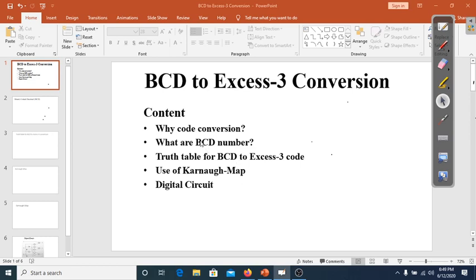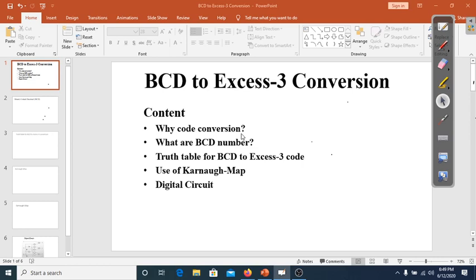Okay, now first let us talk about the code conversion. Why do we use code conversion? Because different digital systems use different codes, and we have already learned about different types of codes. Those were BCD, internal code, ASCII code, and Excess-3 code, and so forth, and some different types of code we have learned in the starting of this course.